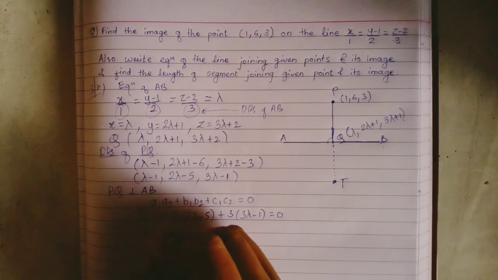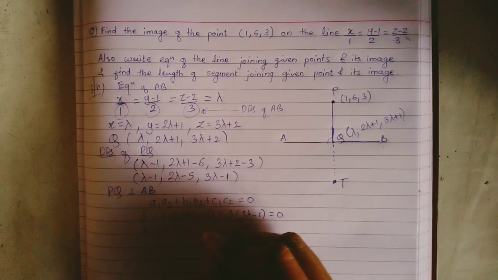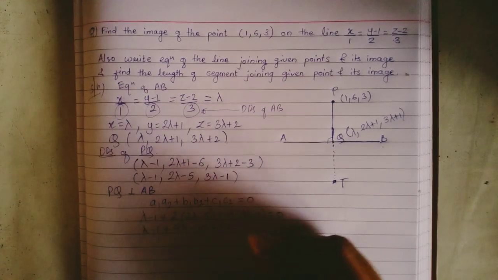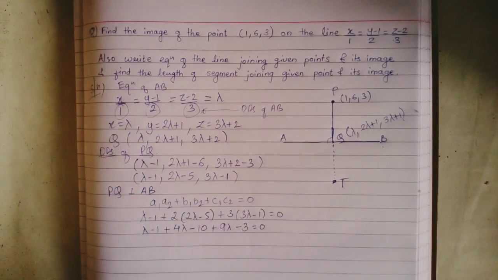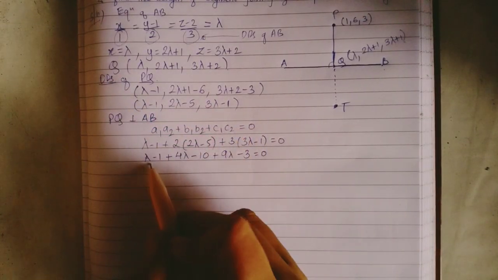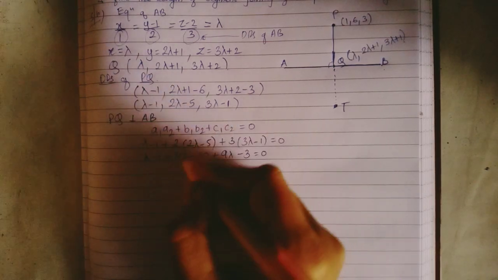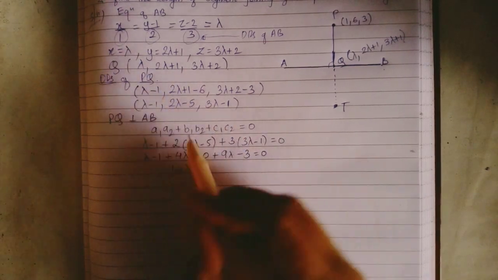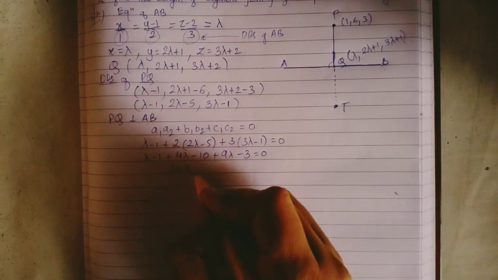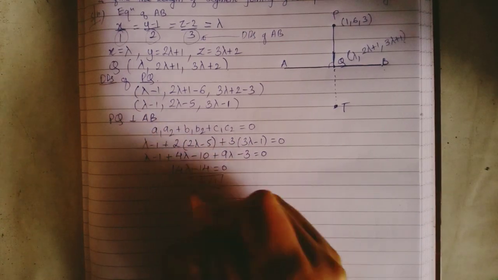So this will be lambda minus 1 plus 4 lambda minus 10 plus 9 lambda minus 3 equal to 0. So we can find out lambda from this. 14 lambda minus 14 equal to 0, so our lambda is 1.